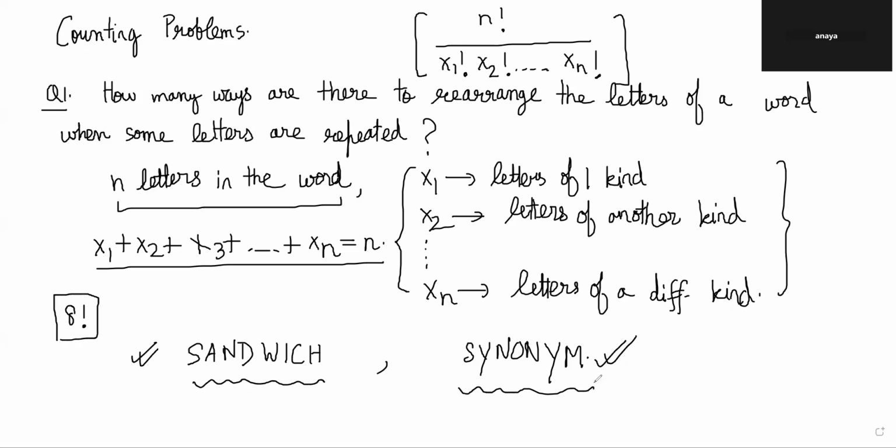And then synonym would be 7 factorial over 2 factorial times 2 factorial again. So 7 factorial over 4. So 7 times 6 times 5 times 3 times 2 times 1. It's fine, you don't have to calculate it. This is the answer for this one.